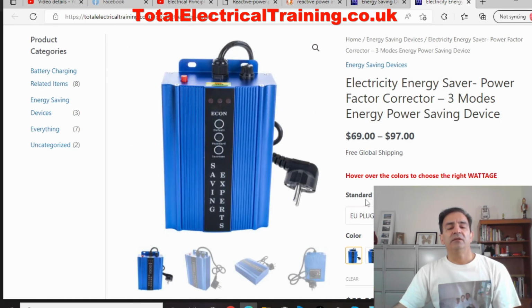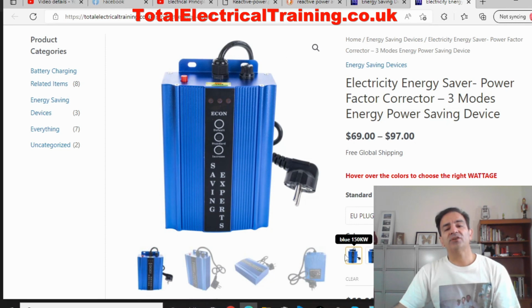Under there, you have to choose the type of plug, whether it's EU or UK or US plug, and also the color. This is not actually color. We couldn't change this. This is part of my WordPress in the background of my website, so I couldn't change that to the size of this energy saving device.